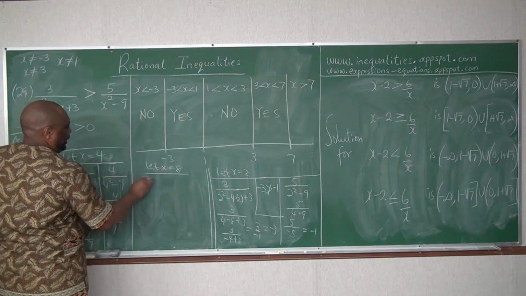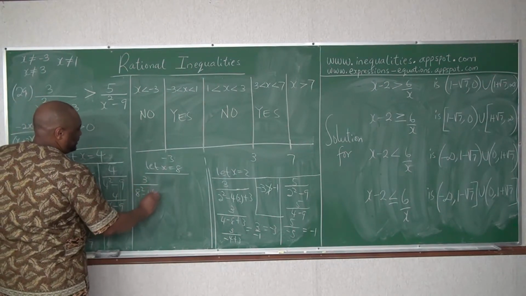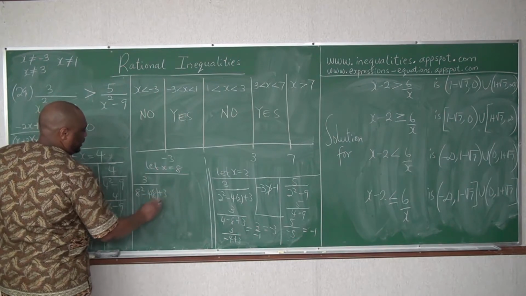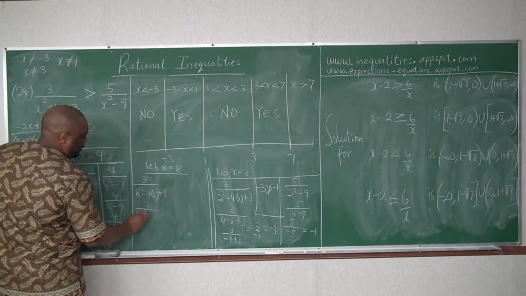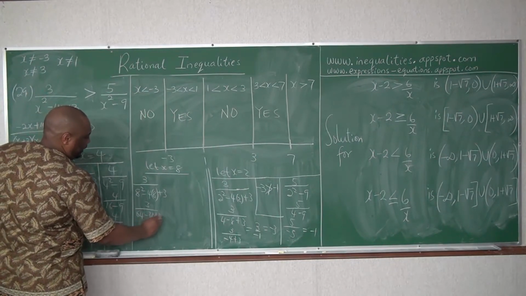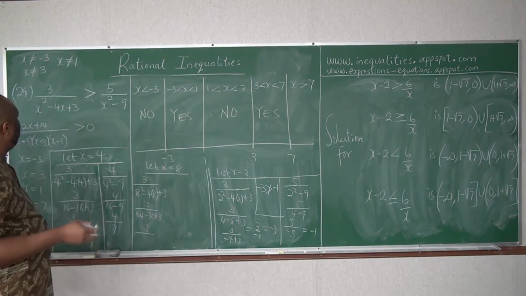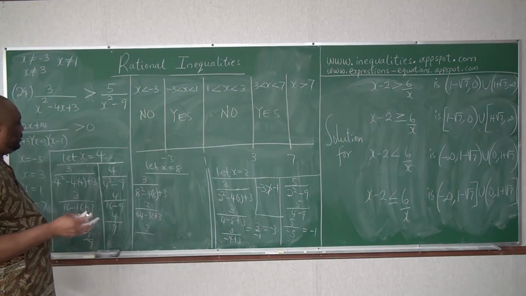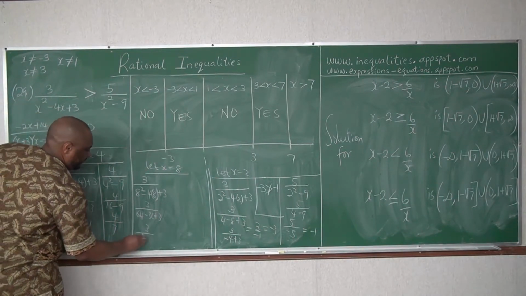And this is 3 over 8 squared minus 4 times 8 plus 3. So this is 3 over 64 minus 32 plus 3, which is 3 over 64 minus 32 is 32. 32 plus 3 is 35.